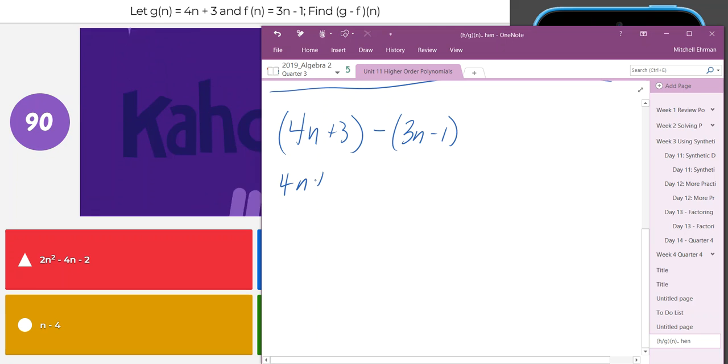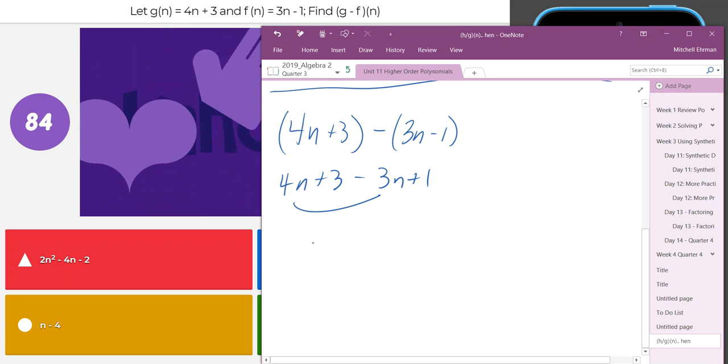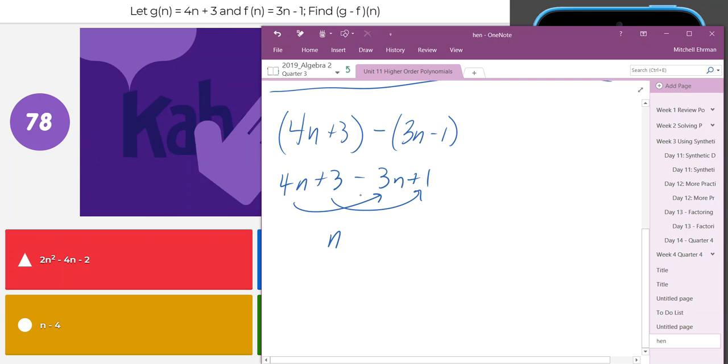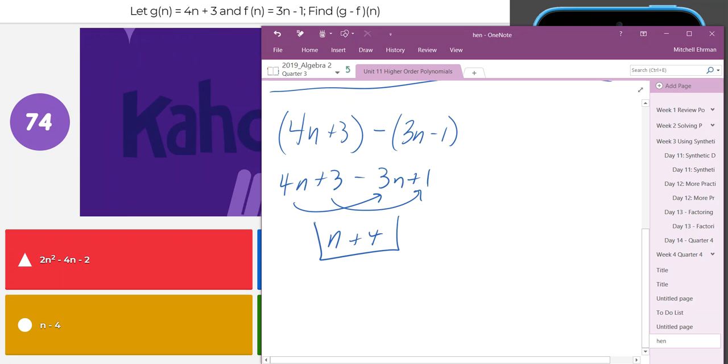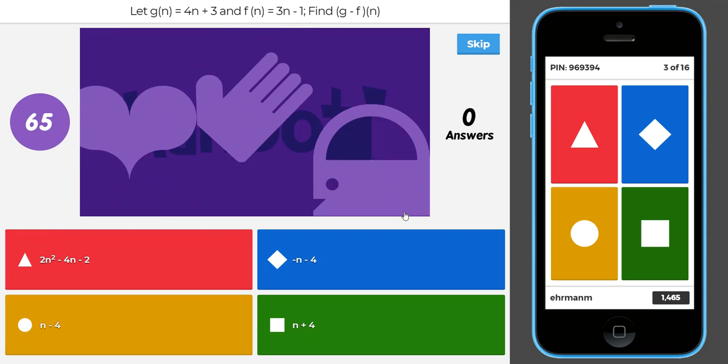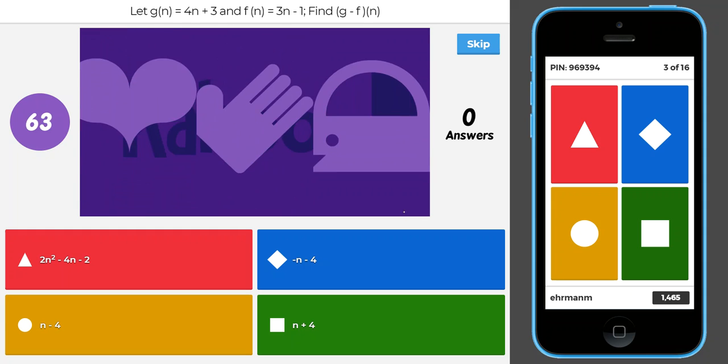So 4n plus 3 minus 3n plus 1. After we distribute, combine like terms. These two combine to make 1n, and these two, 3 plus 1, combines to make 4. So I like the answer n plus 4. And it looks like square is our choice for that, so I'll go ahead and select square on my phone.